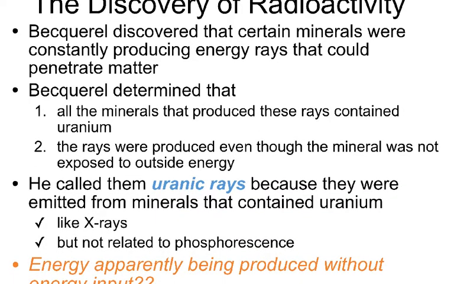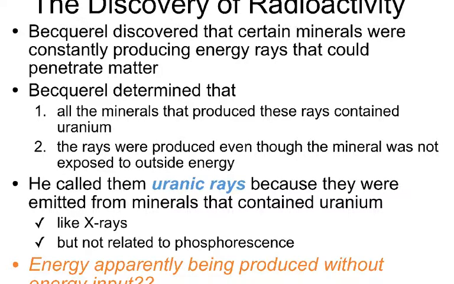Radioactivity was discovered by Becquerel. He noticed that certain minerals were constantly producing energy that could penetrate matter. And he looked further into them and determined that all of them contained the element uranium, and that these rays were produced even though the material was not exposed to outside energy.